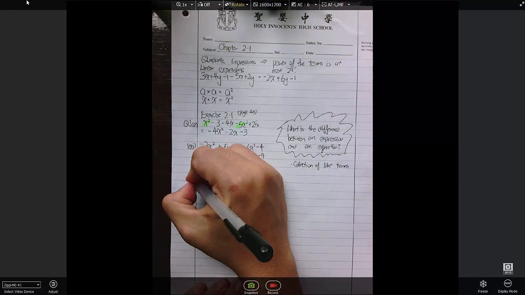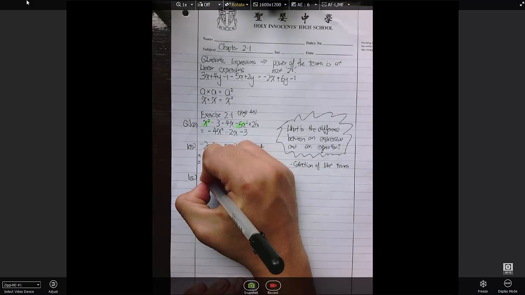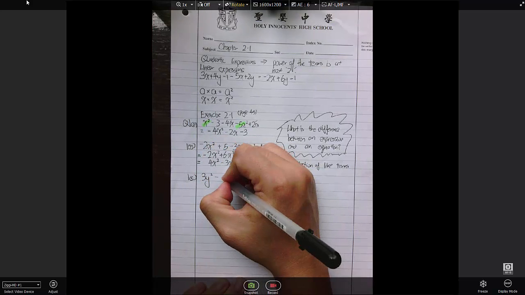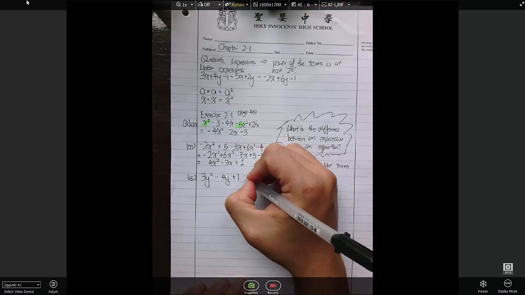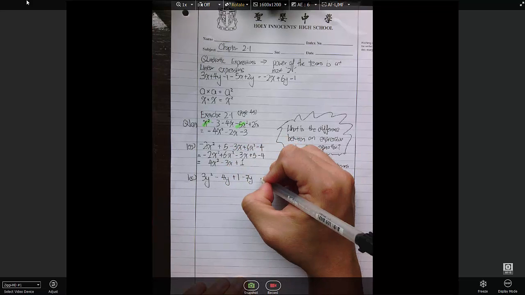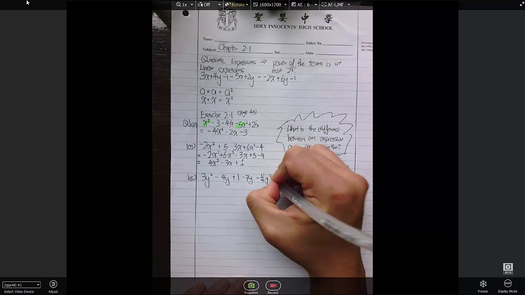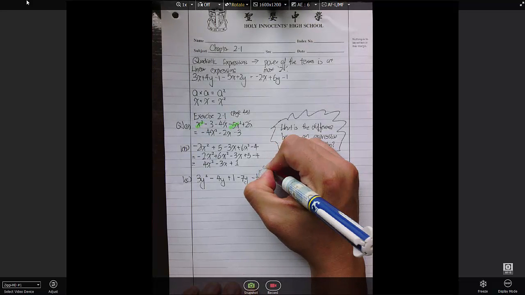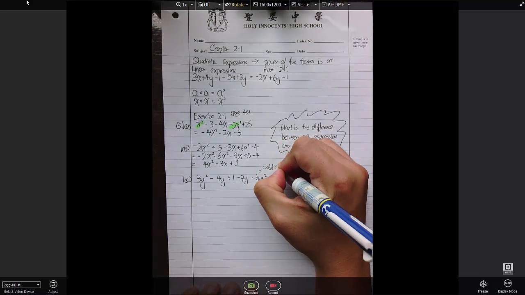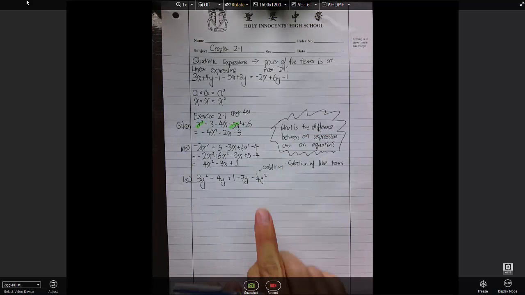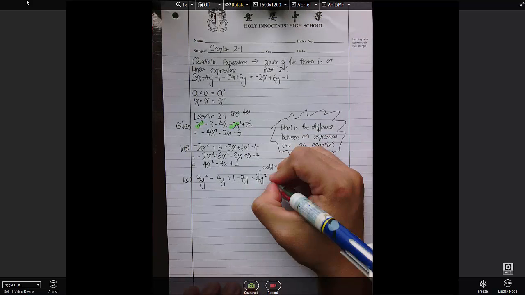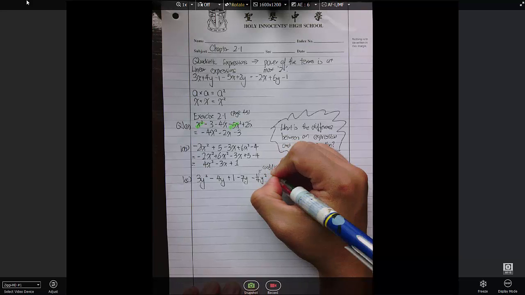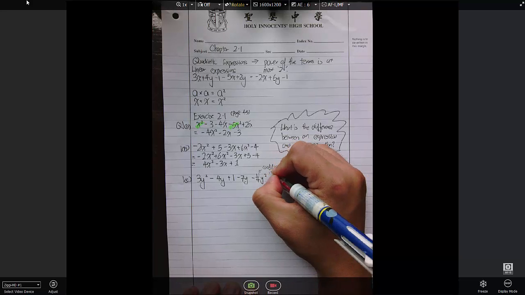Next one, 1c. 3y squared minus 4y plus 1 minus 7y minus 11 over 4 y squared. Very important here before I start on this question: you notice that the number before y squared is actually called the coefficient of y squared. In this case, the coefficient is written as an improper fraction.